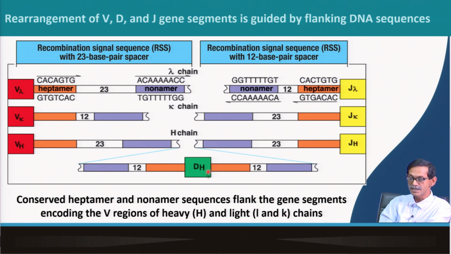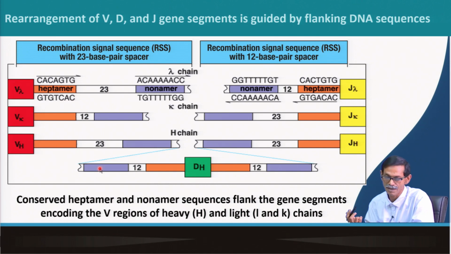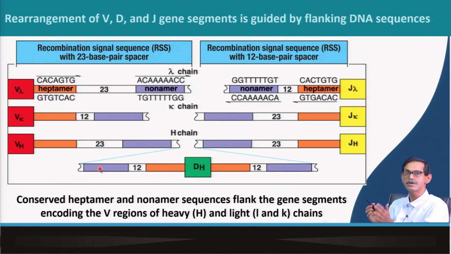And if you see this D region, on both sides is heptamer, then the spacer is 12 nucleotide, then a nonamer. So, I do not know how much I am able to confuse you, but go slowly, it is very simple and straightforward. I can assure you will understand very easily.